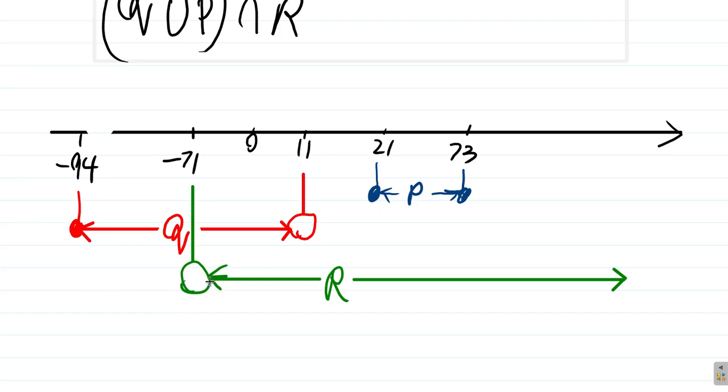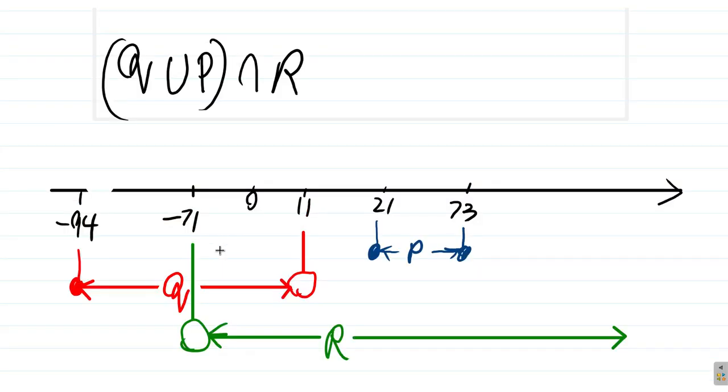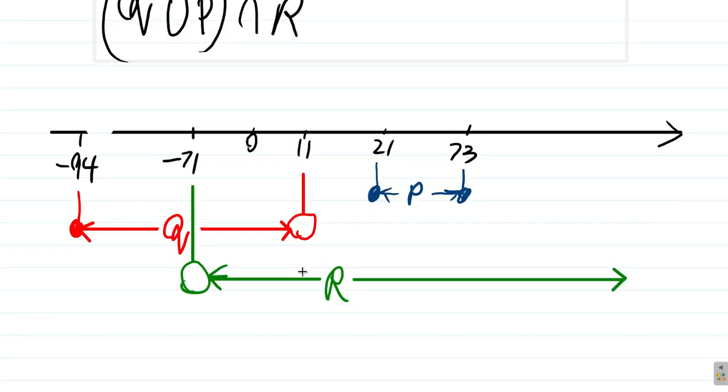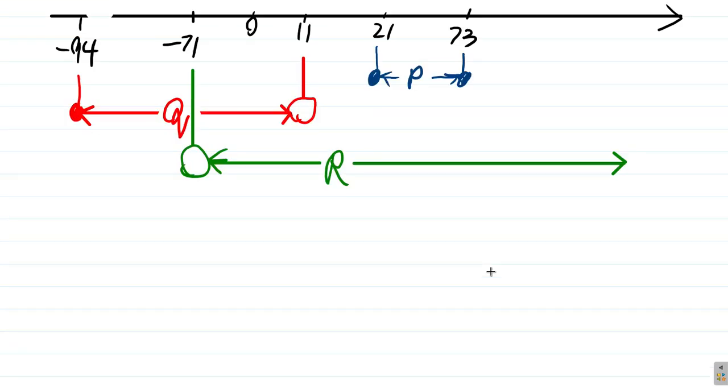Okay. Now, what is Q union P? Now, remember, in the union, if it is in one or in the other, or both, it is in the union. Even those that are not in both at the same time are in the union.